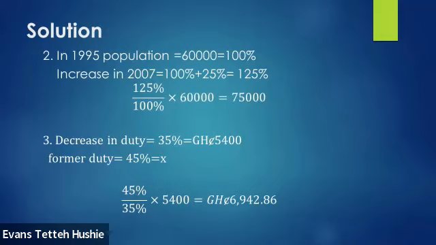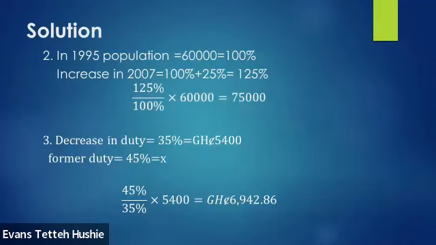No, the duty of the car decreased from 45 to 35. So what I did was to subtract, or find the difference in the duty change, the percentage. So I subtracted the 35 from the 45, getting 10%.